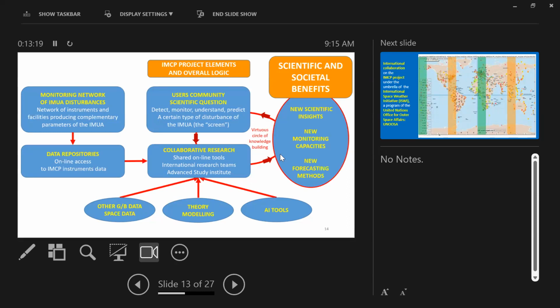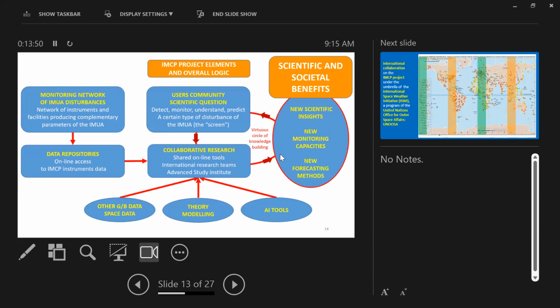That can be several ones speaking to each other and so on. At the center, it's sort of the dream of the project to develop collaborating research tools that could be something like an advanced study institute that will propose to the community shared online tools to work on data and address users' community scientific questions. So questions would be addressed by the community. Teams would be formed to work together from different countries.